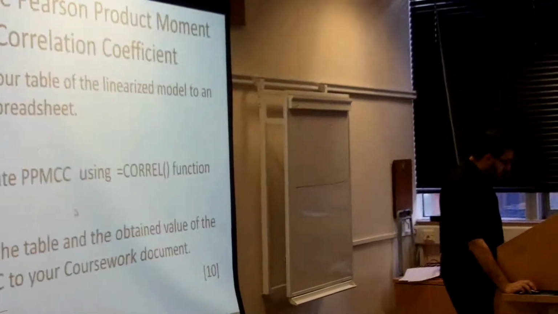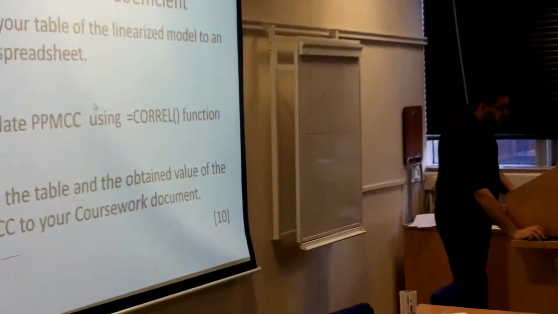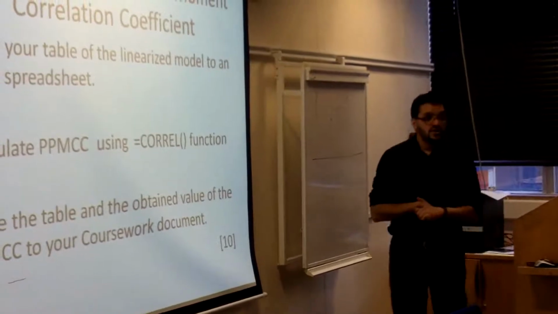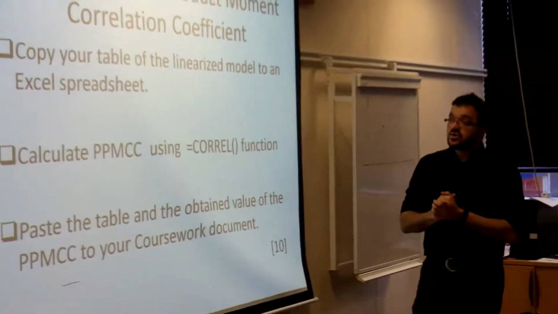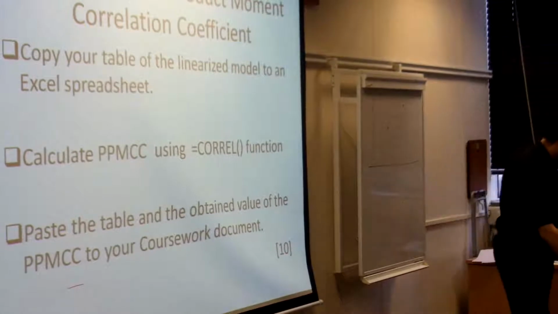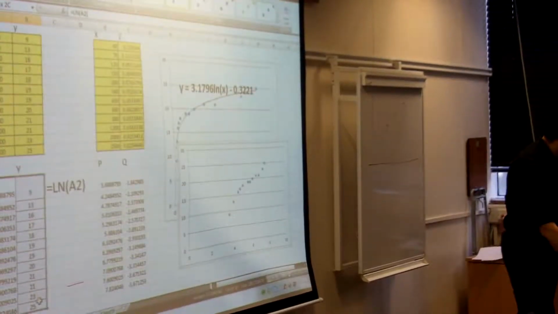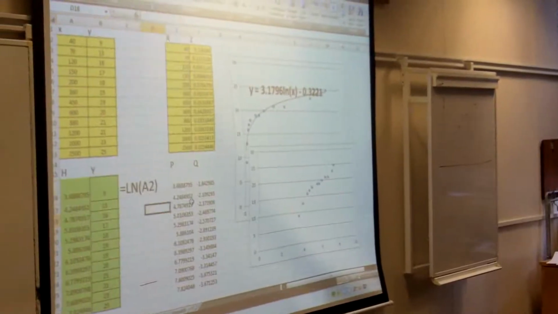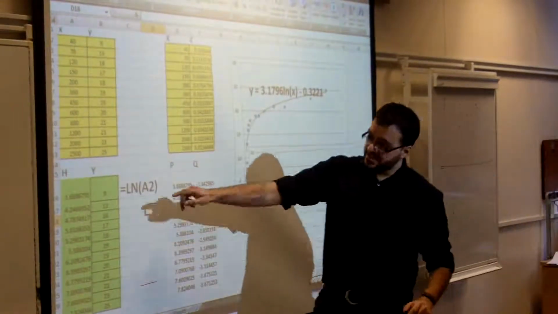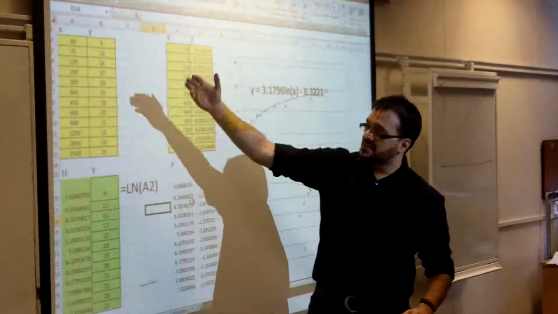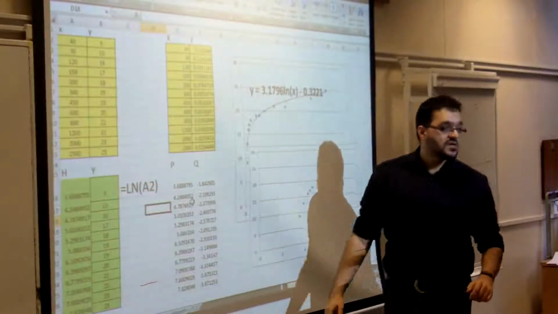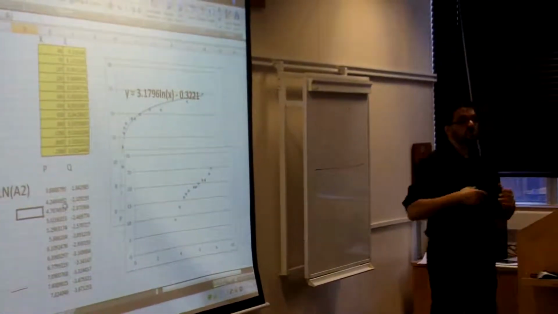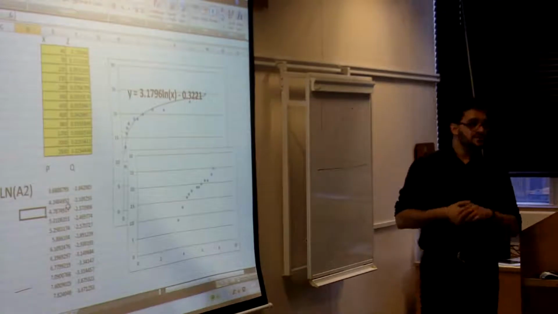Also, once you have this data here, look at the data which is in green, where you've got h, which is log of x, and you've got y, you are going to show in your coursework what your new data looks like, what these values are.